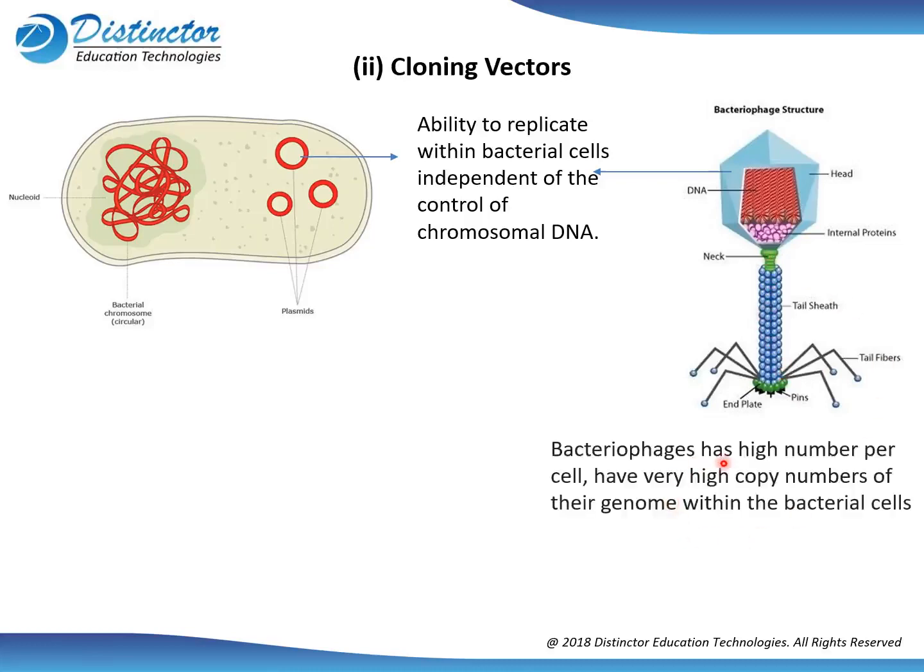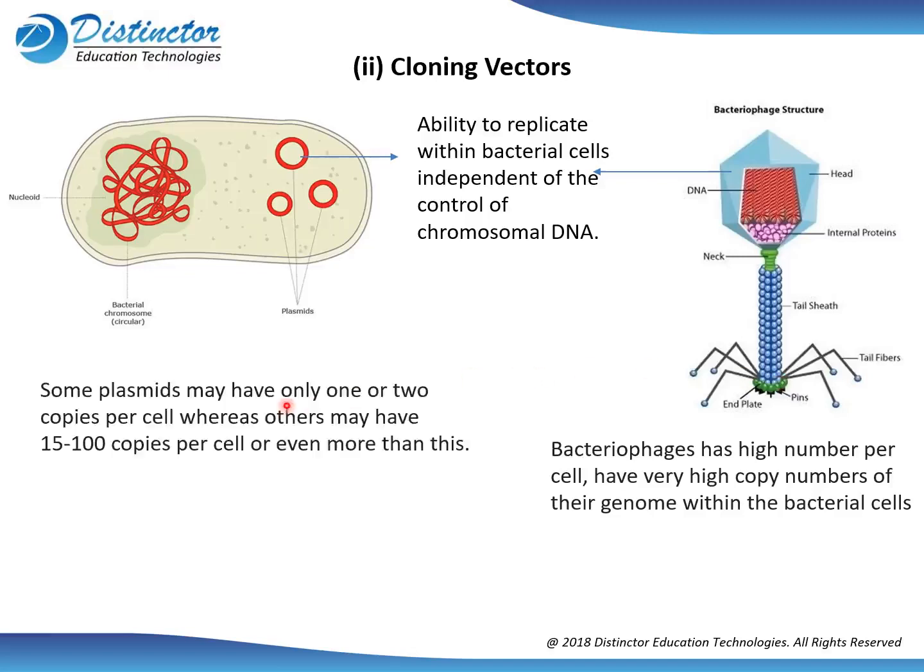Bacteriophages have high numbers per cell. They have a very high copy number of their genome within a bacterial cell. During infection, when they infect a bacterial cell, they can produce more copies and make their progeny more in number. This is one property that makes them useful as a cloning vector.